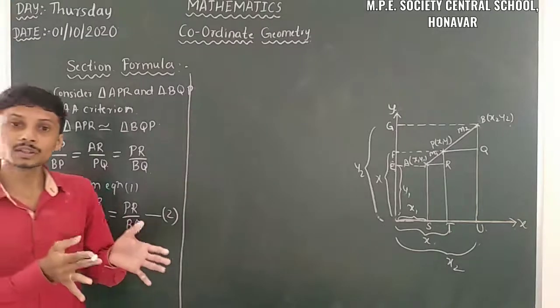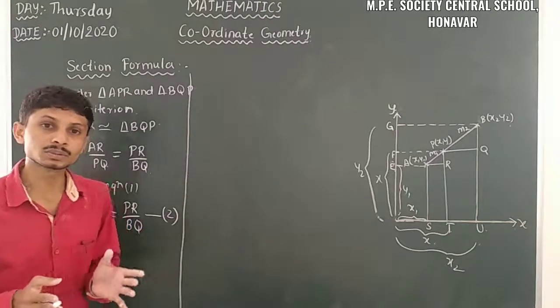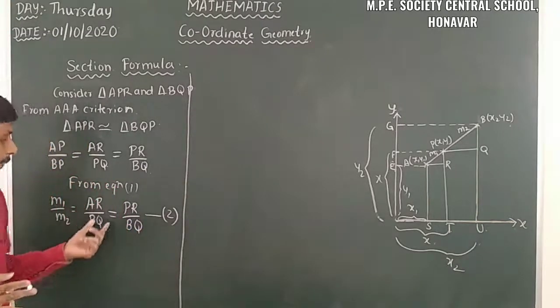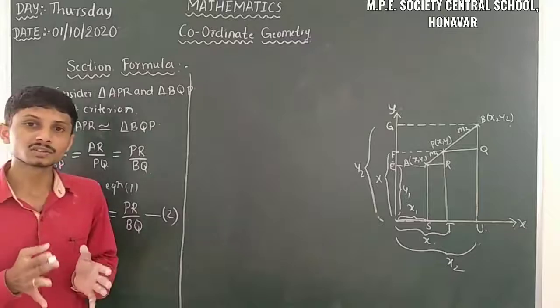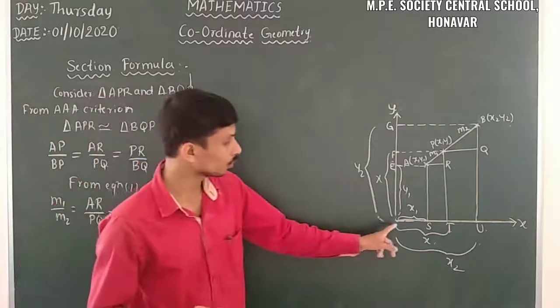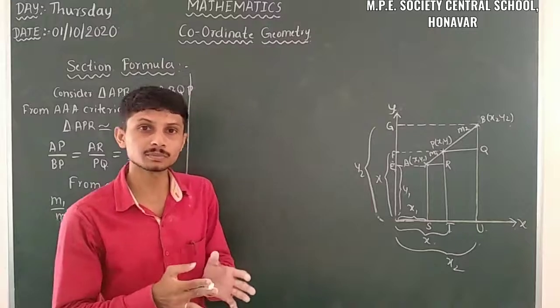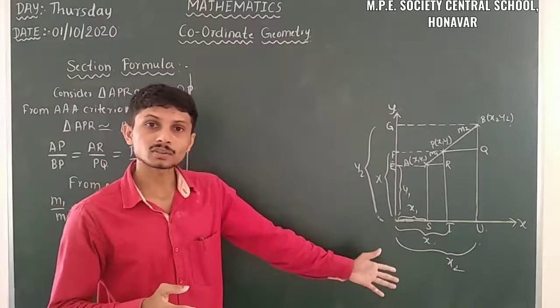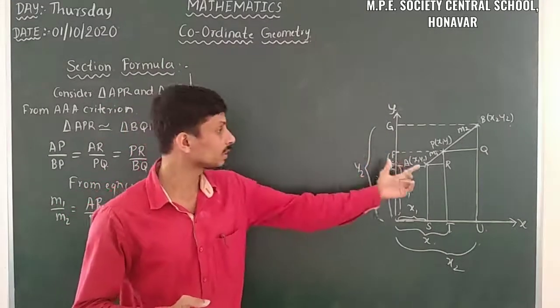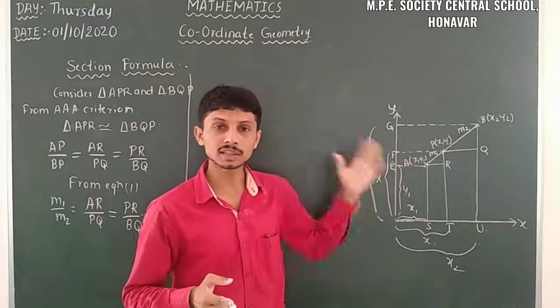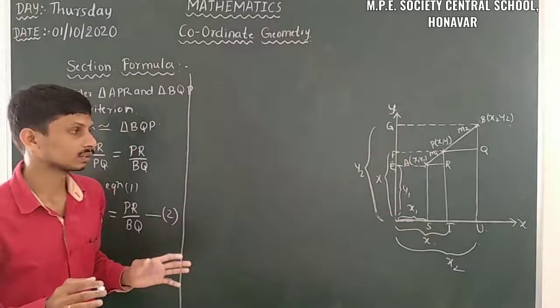Compared to the distance formula, we already took some of the distances, that is AR, PQ, PR, BQ. So in that case, when we know the sum of the distances, we have to take the relationship between x1, y1 and the distances we want. So let us take those distances.